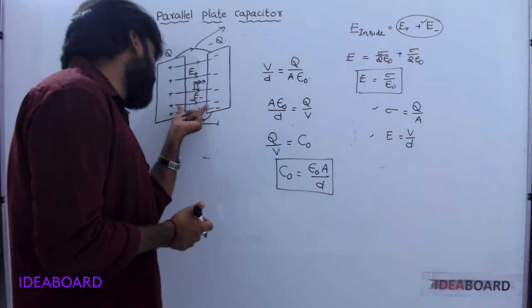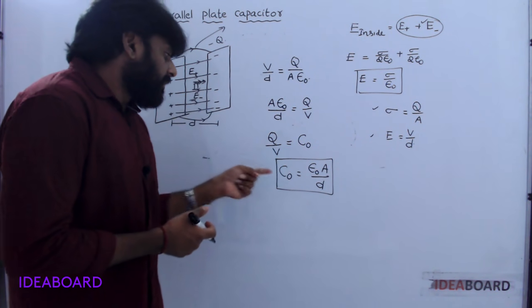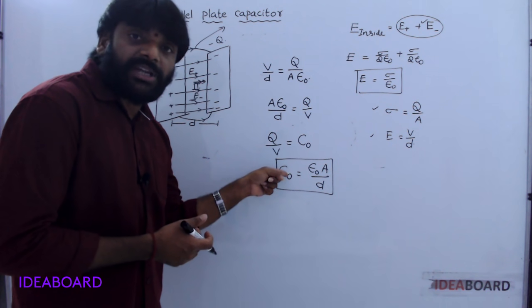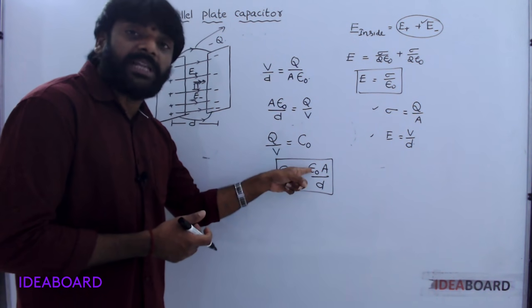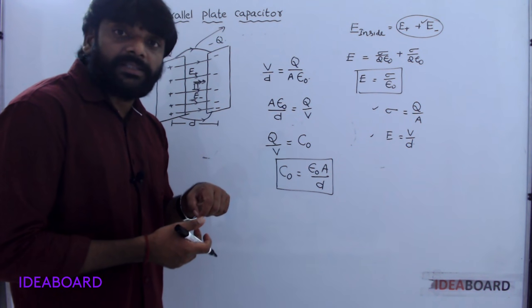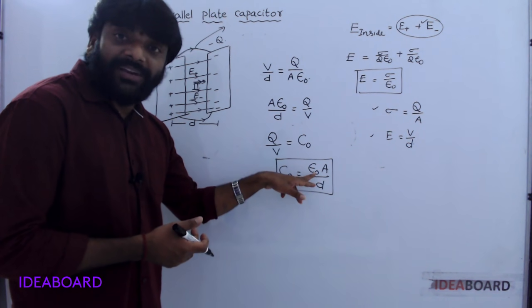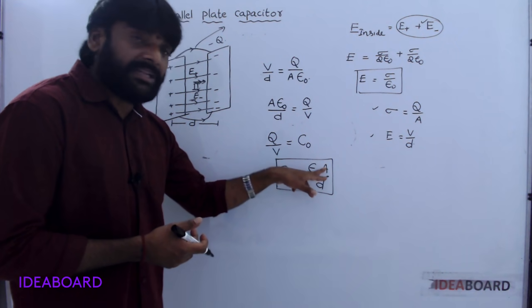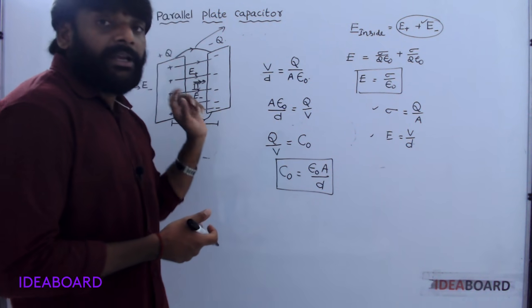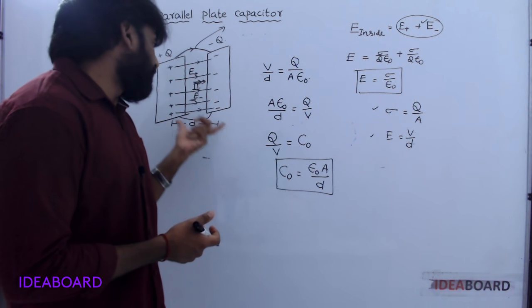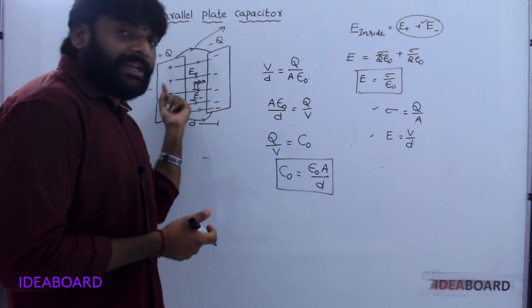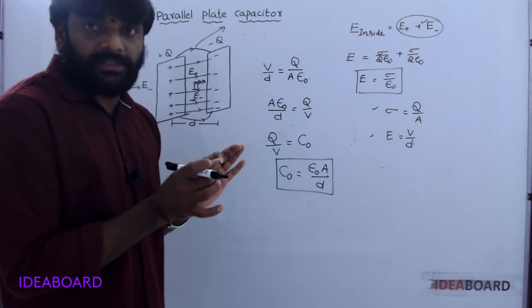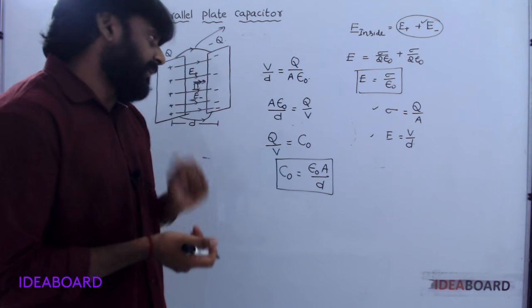So the capacitance C naught of this parallel plate capacitor is equal to epsilon naught A by D. Epsilon naught means free space permittivity. A means the area of the capacitor plates. The main condition is that the two plates have the same dimensions.